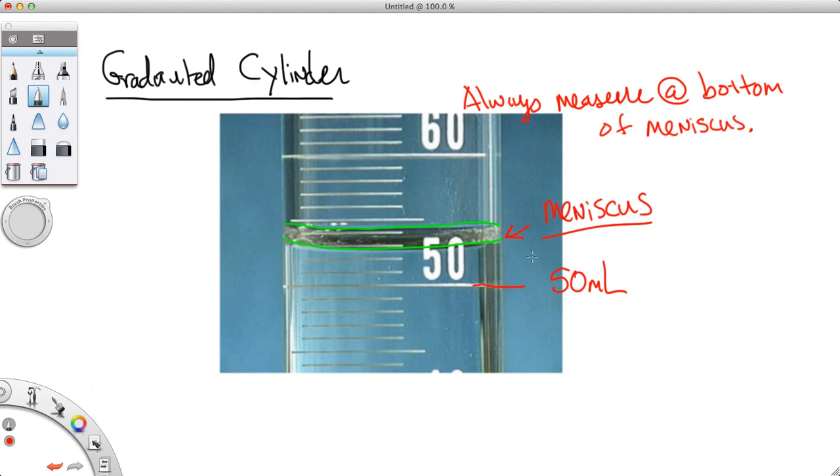So in this case, it's 3 milliliters. So it's 50 milliliters plus 3 milliliters equals, you guessed it, 53 milliliters. That is how much water is in that graduated cylinder.